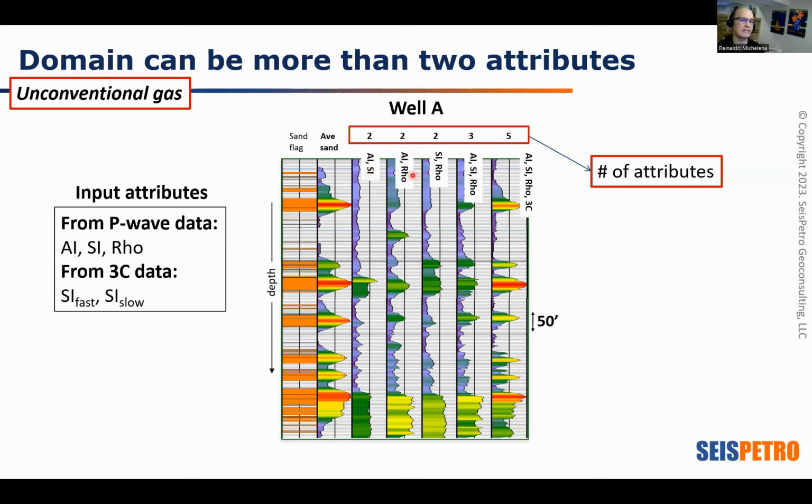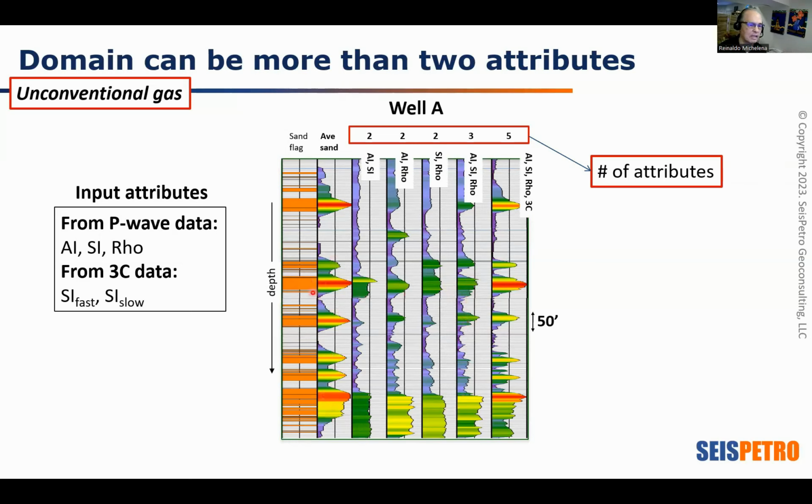You compare each of these tracks with the average flag. And here in the track that says 3, we're calculating the probabilities using simultaneously acoustic impedance, shear impedance, and density. That's the best we can do with conventional seismic data, as it follows relatively well the variability that we see in the well.